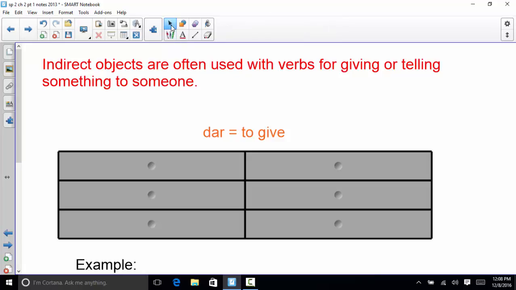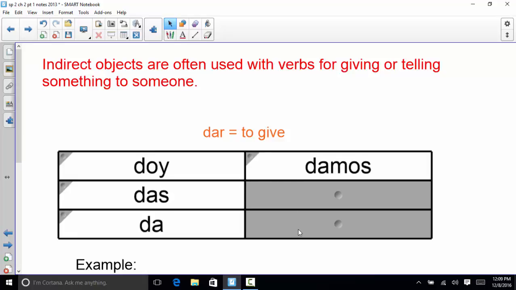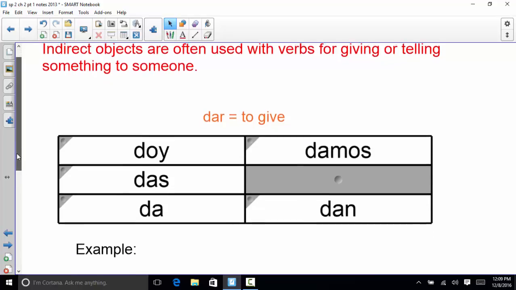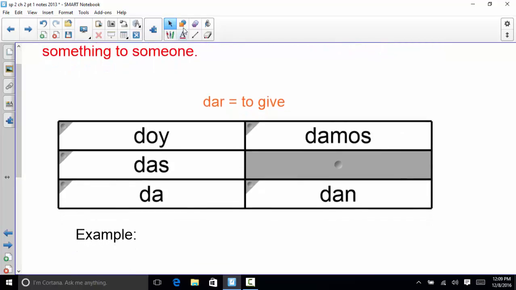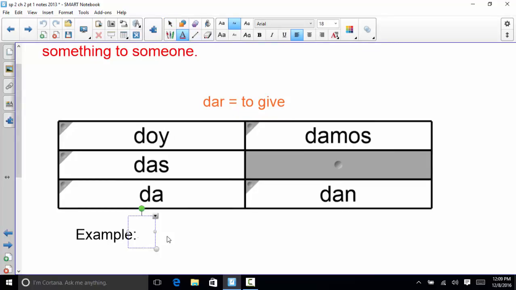And as you know, dar means to give. And we conjugate it with doy, das, da, damos, and dan.